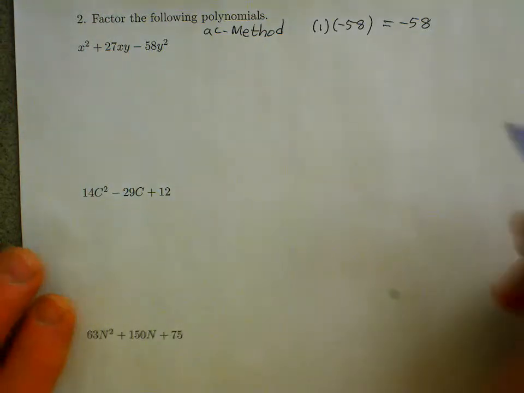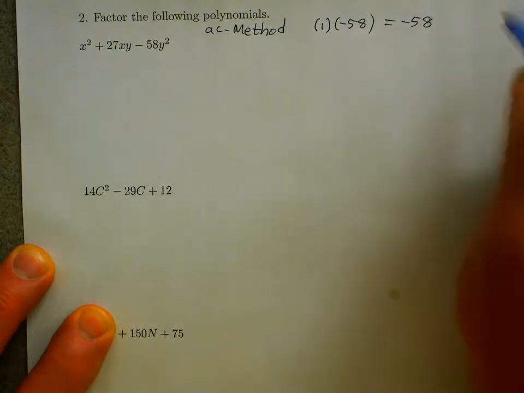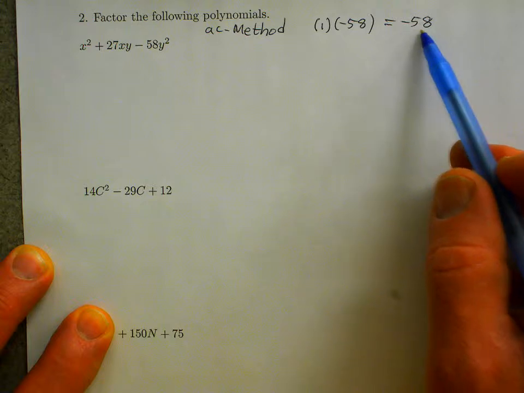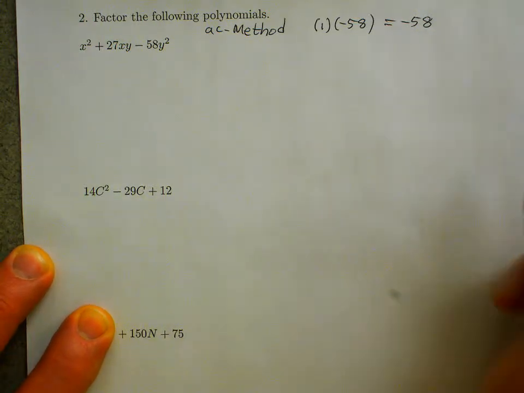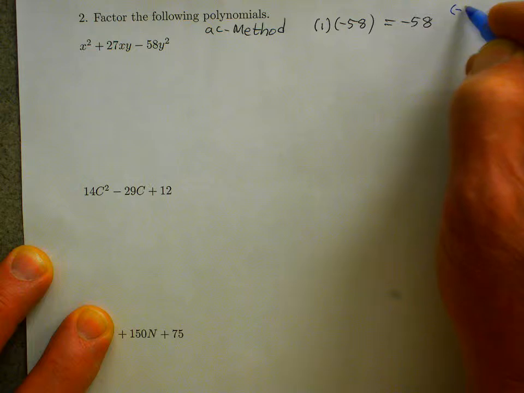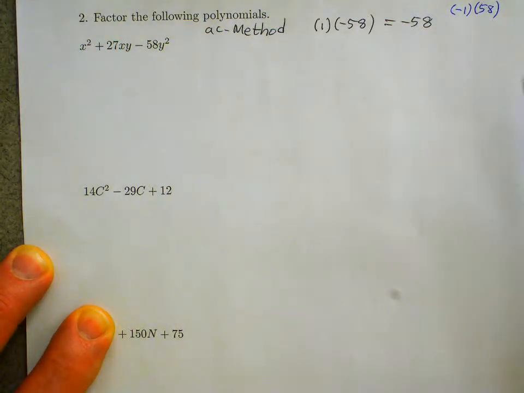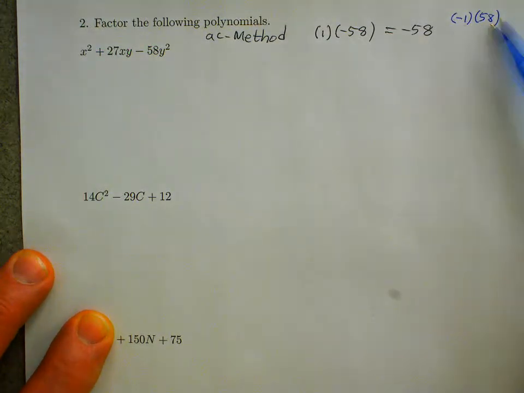In our systematic approach, we start at the extremes. We pick integers that have a product of negative 58 in such a way that the one with the largest absolute value is positive. The first pair is negative 1 times 58. The product is negative 58, but these add up to positive 57.